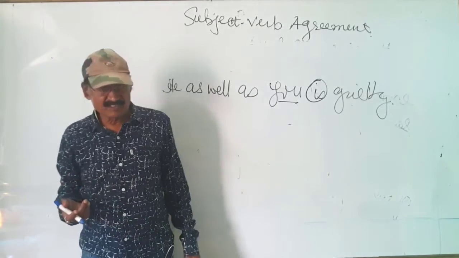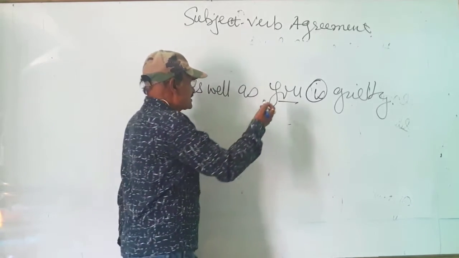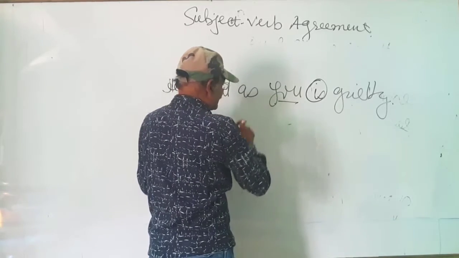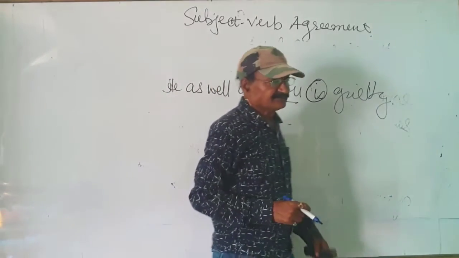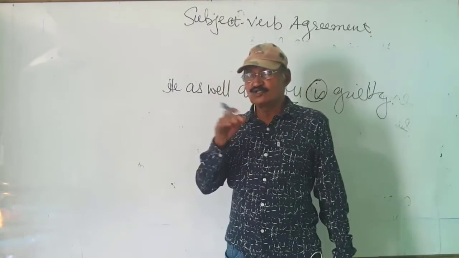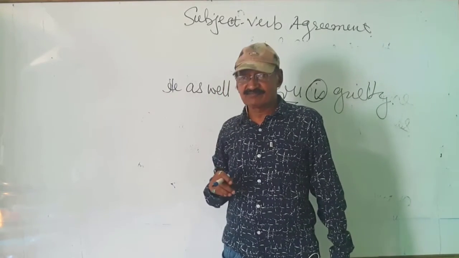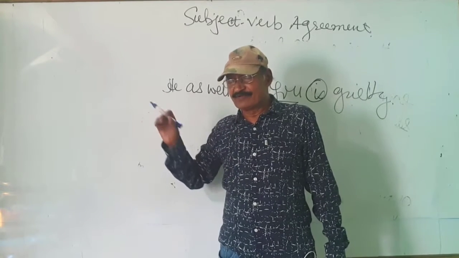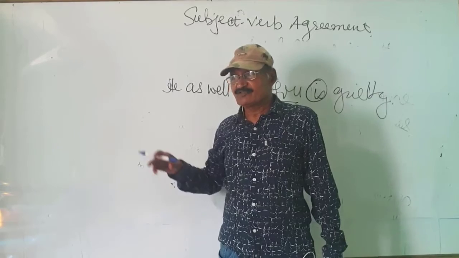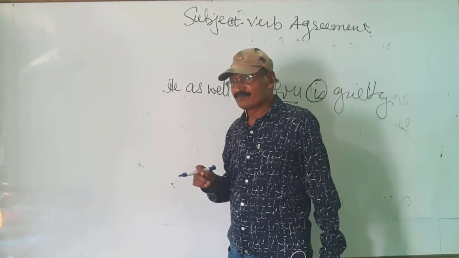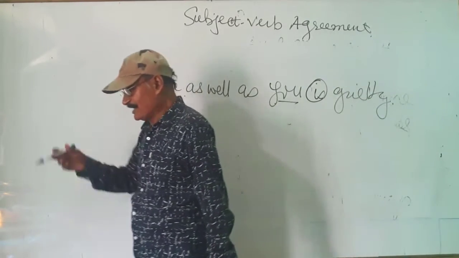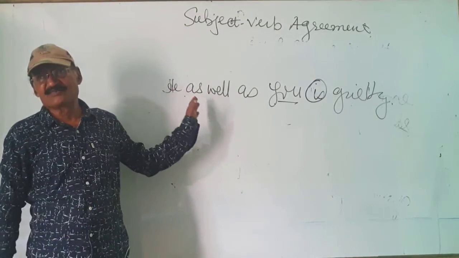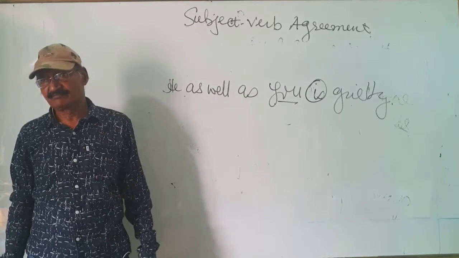Why so? Because when two different subjects are joined with "as well as", understand it, then the verb in this sentence follows the first subject used in this sentence.